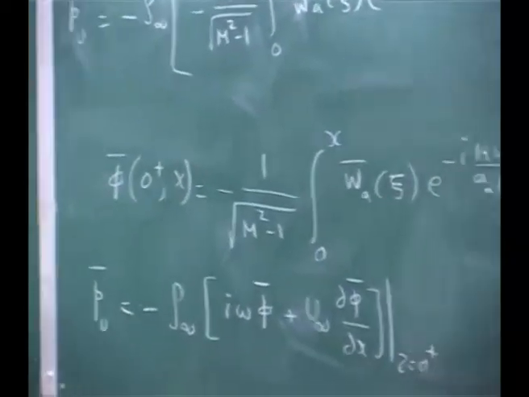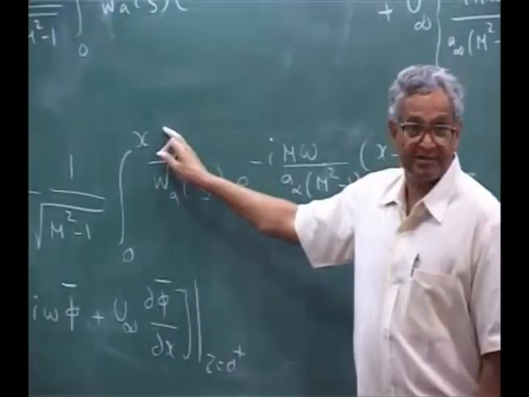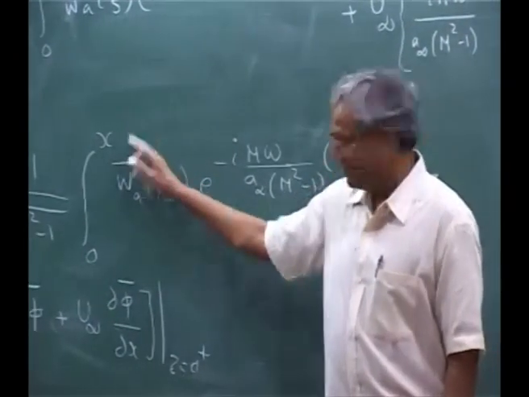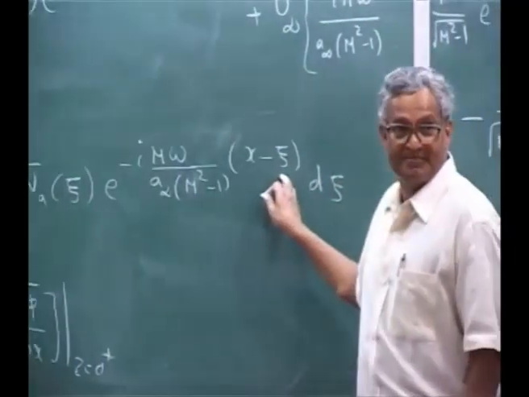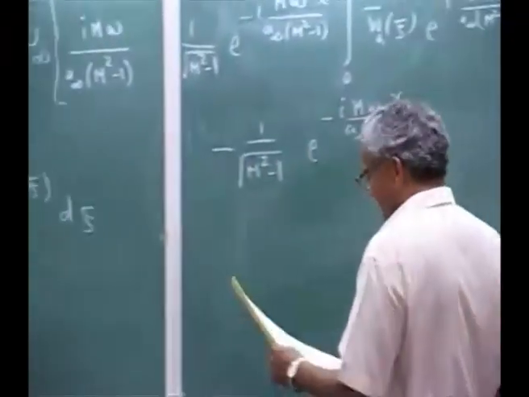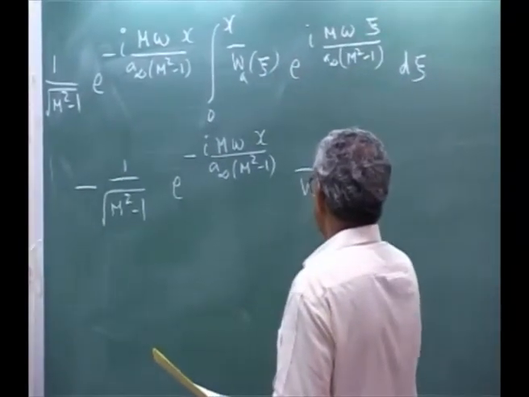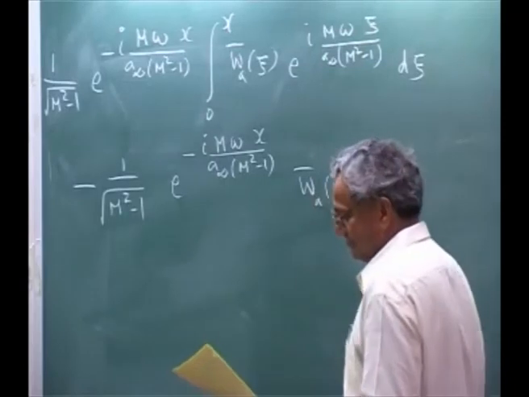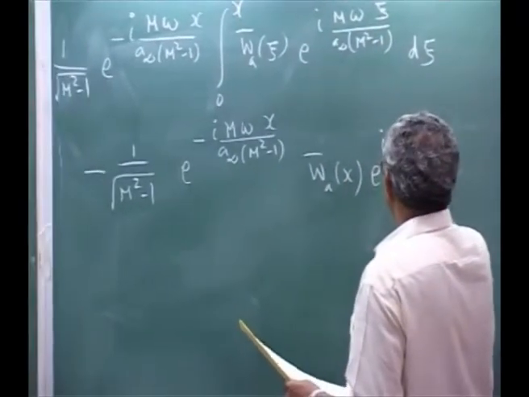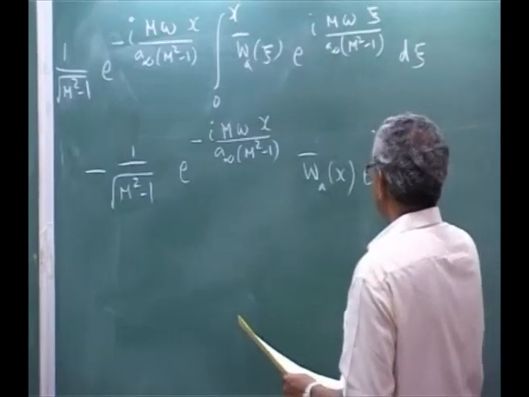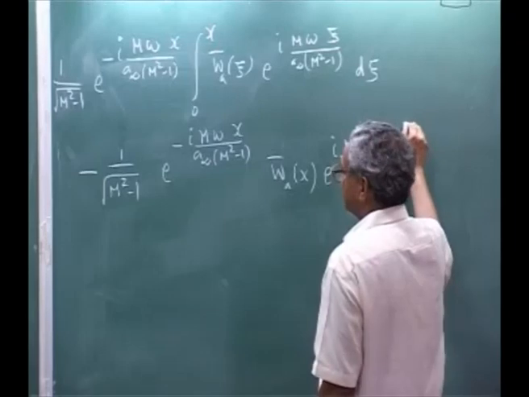What is left inside is this term, which is an integrand, 0 to x integral, and then differential with this expression only. So you will be left with basically W bar A x e to the power I m omega x over A infinity m square minus 1.